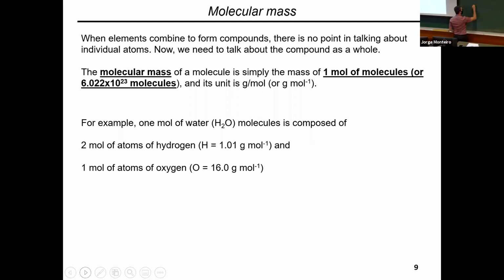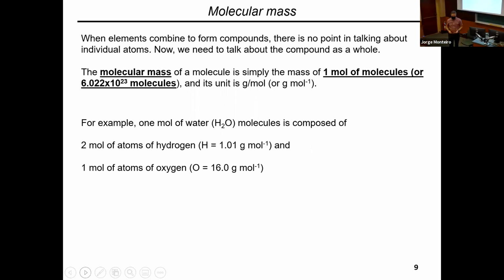So for water, we have 2 atoms of hydrogen, represented here by the subscript, or 2 moles of atoms of hydrogen, and 1 mole of atoms of oxygen.